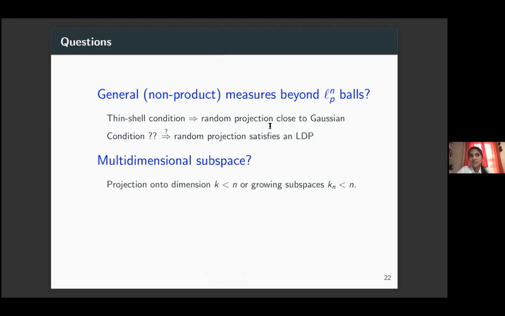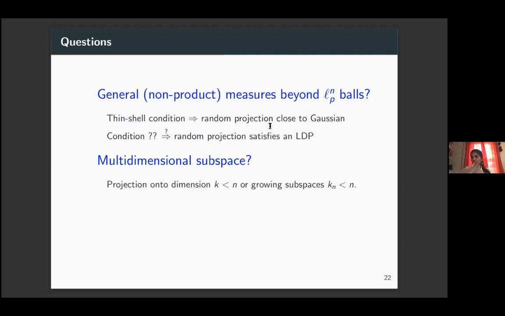As we know in the CLT, a work of Meckes, and Klartag and lots of people have shown that if you take a fixed dimension, you still have a multidimensional Gaussian, but you can even allow k_n to grow up to a log n over log log n factor, which is sharp, with a sharp factor shown by Meckes, when you will still have a Gaussian projection.